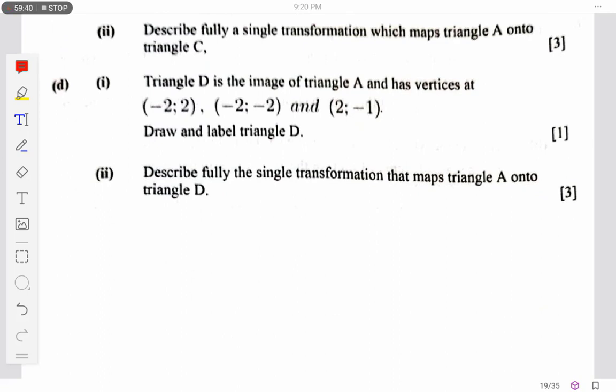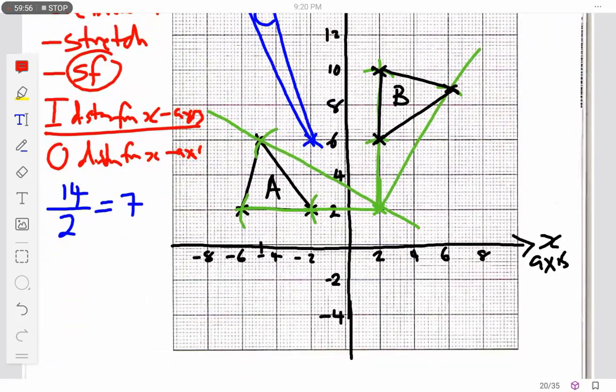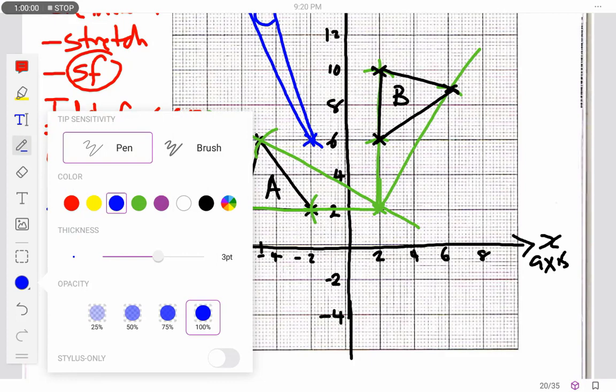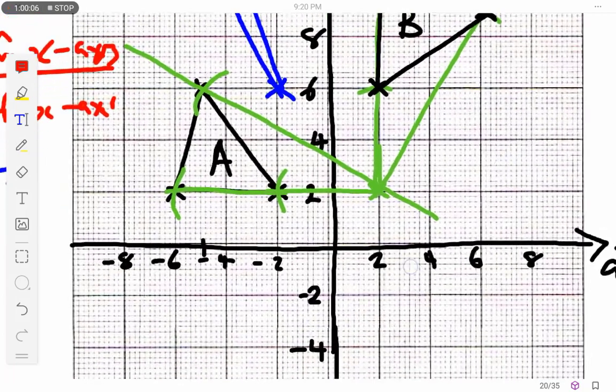Now, we are also given another question. Triangle D has vertices (-2, 2), (-2, -2), and (2, -1). So let's draw D there. Let me just zoom in a little bit.